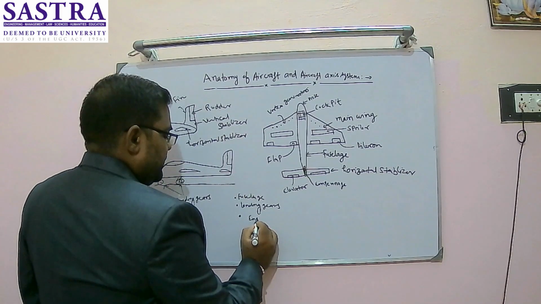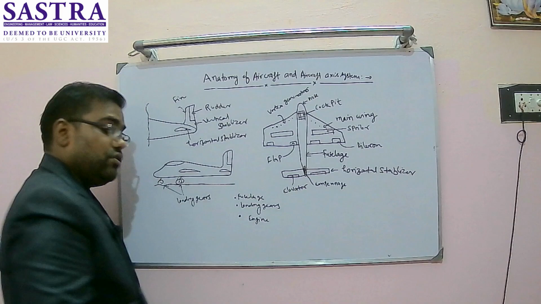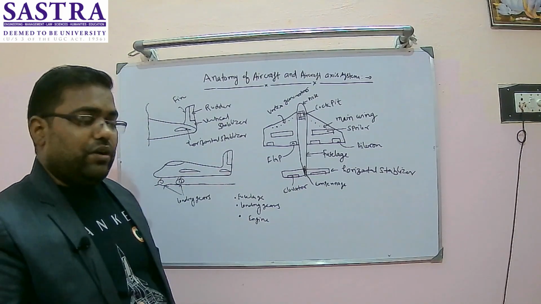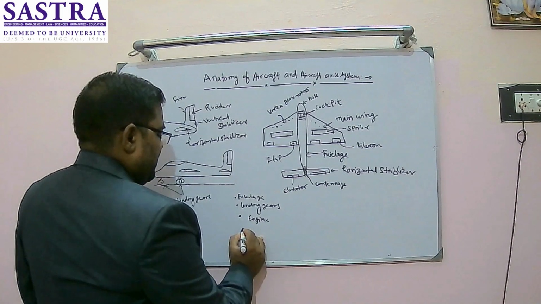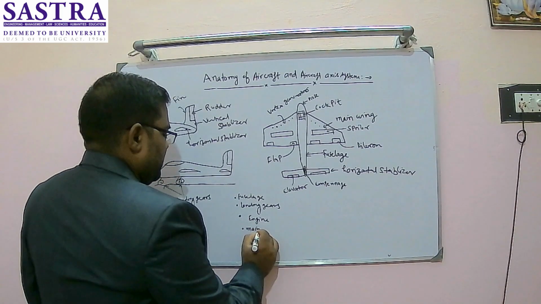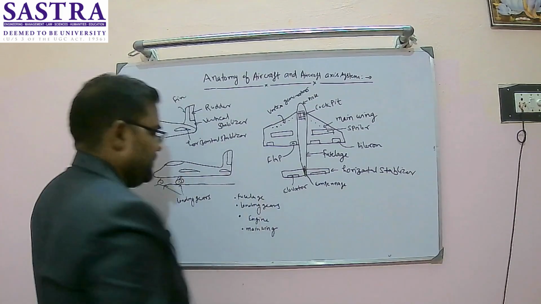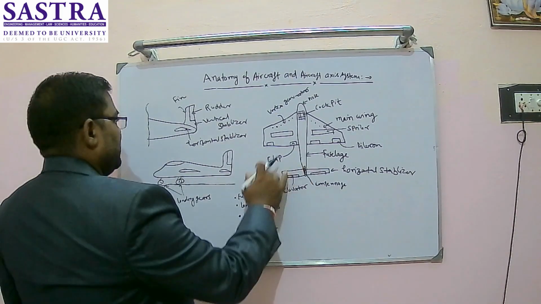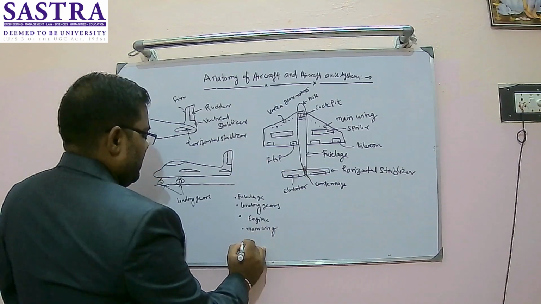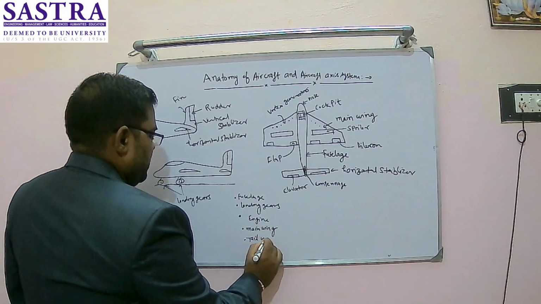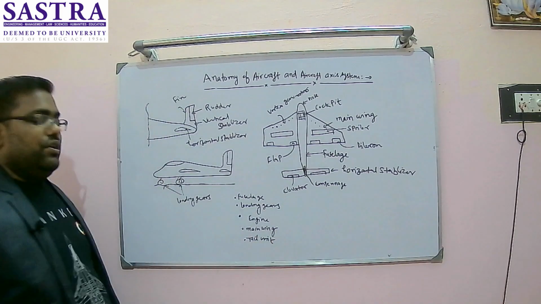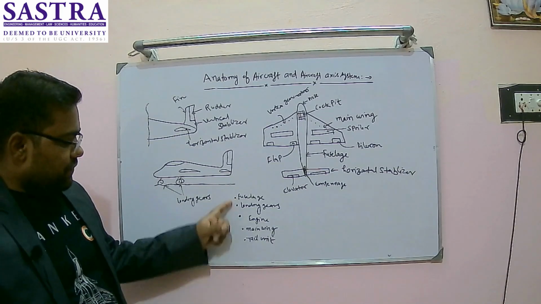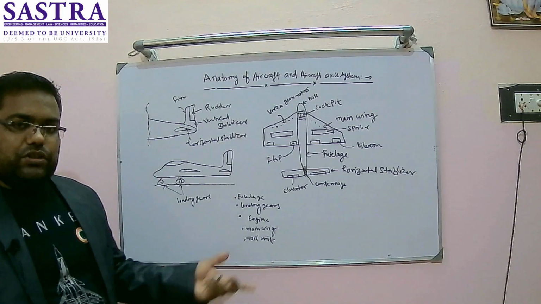Some aircraft have more than 2 engines. The engine is also an important part of an aircraft. Then comes your main wing, which will give you lift. And finally this portion, called the empennage or tail unit, controls the motion. So these are the 5 main parts of the aircraft.